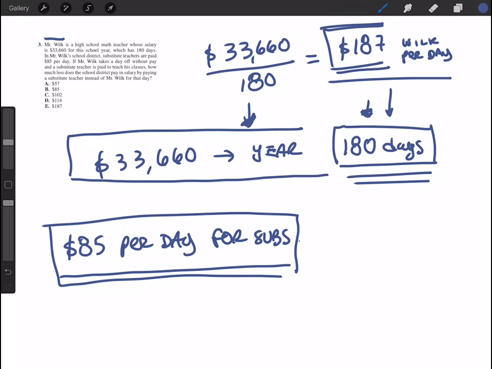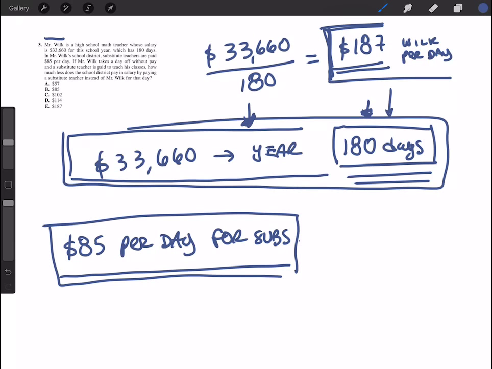Now, if Mr. Wilk is earning $187 on a daily basis, based on his yearly contract over here, now we have something to compare. 187 for Mr. Wilk, 85 for subs. So if we want to know how much less, and that's key, how much less the district's going to pay, well, the district is going to pay 85.